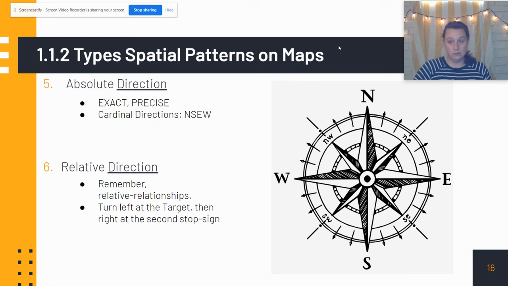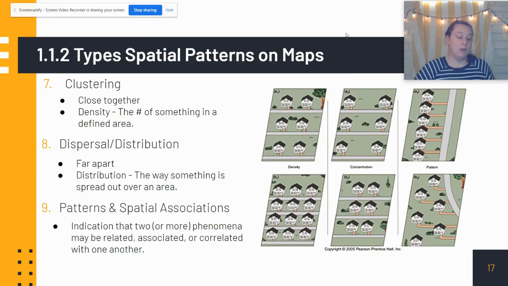Remember, we're still talking about the types of spatial patterns that you can find by looking at maps. Okay, now we're really getting into what does spatial mean, right? What are spatial patterns? Here are some examples of spatial patterns. Are locations or is spatial data clustered, right? And when geographers say clustered, they mean are those things close together, right?